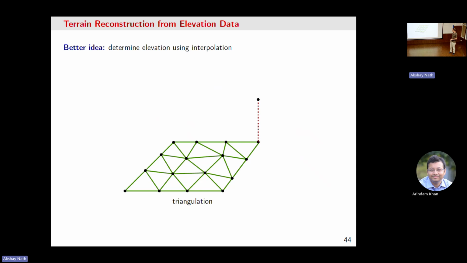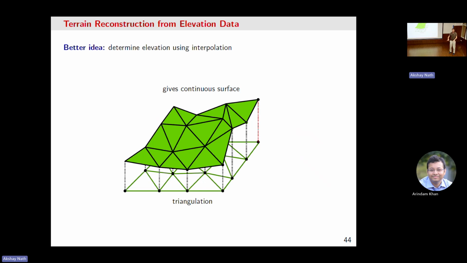So that means that essentially each point is lifted to its correct elevation, and then the whole triangulation is lifted. And you get a nice and continuous surface. This is what actually is often done in GIS systems or things like that.